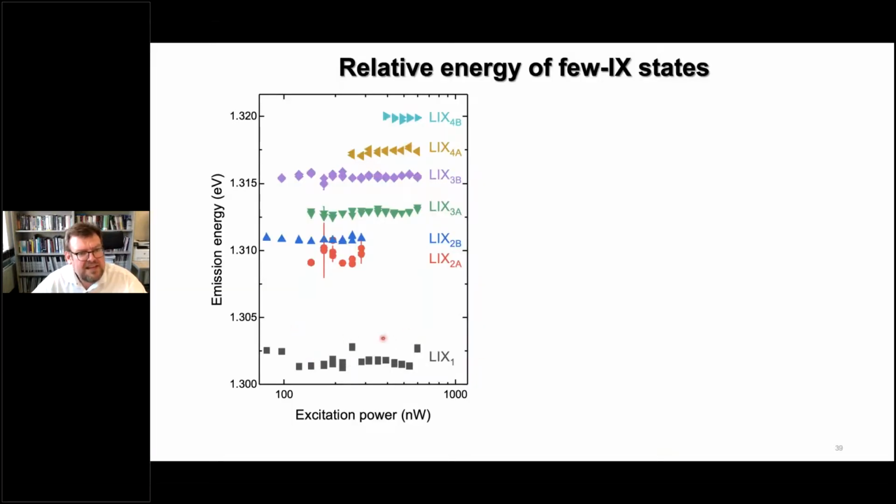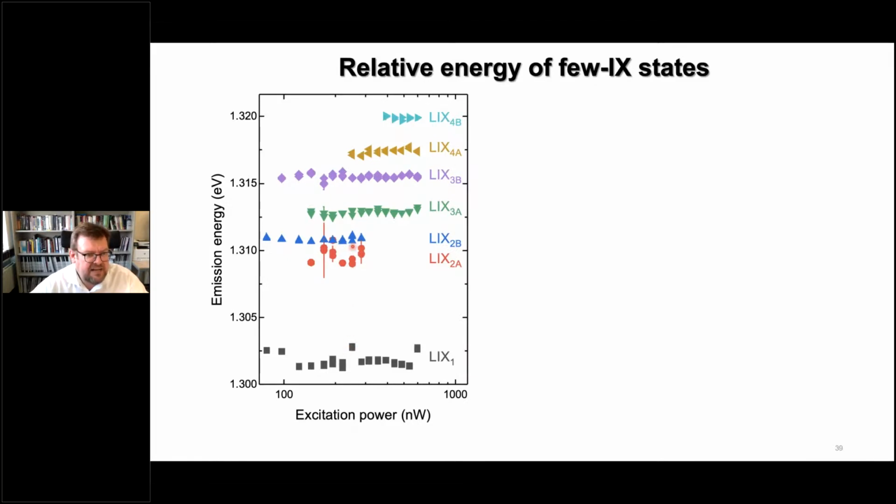And there I'm plotting the energy of all of these different states. So there's the monolayer, the single dipolar exciton. If you add a second dipolar exciton, we get 2 peaks forming. Well, within the error bars, we get 1 peak forming. But actually, there are 2 peaks there if you fit the line shape and look at it very carefully.